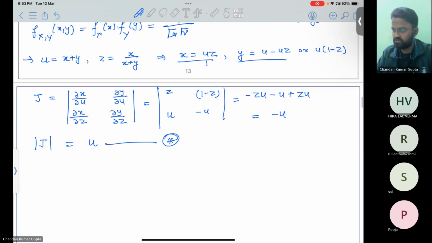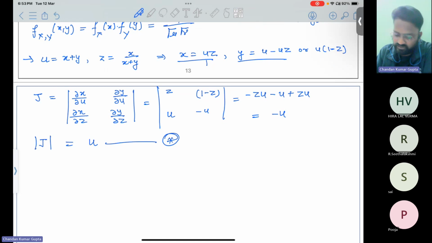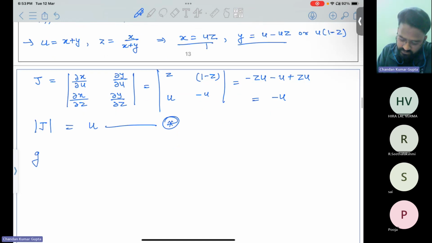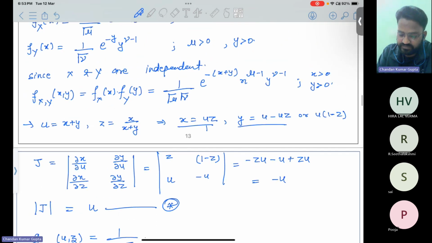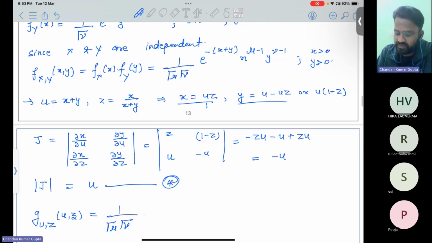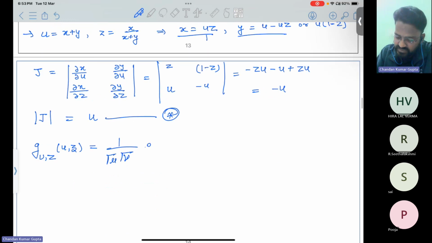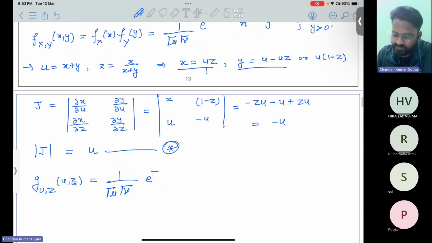Now the joint distribution of u and z comes out to be 1 upon gamma mu gamma nu, e to the power minus of x plus y.